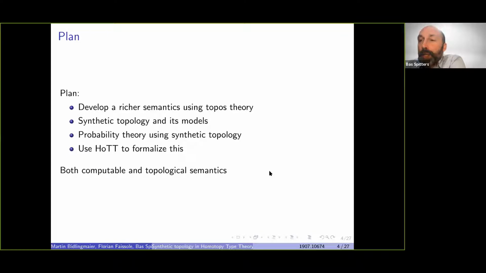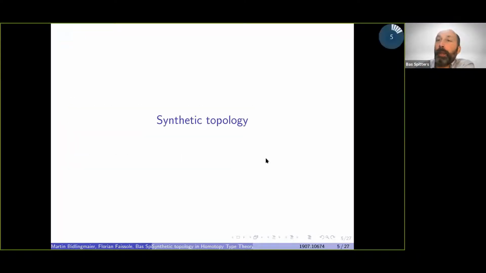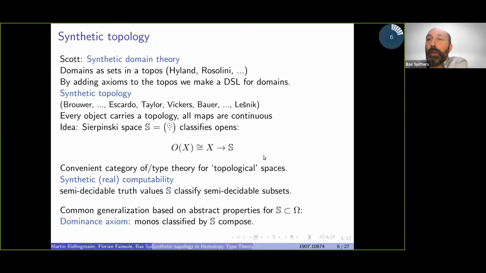As so often in this area, we have both a computable semantics, say in terms of realizability, and a topological semantics, say in terms of domains. But I'll give you more in a minute. So, the short introduction to synthetic topology.